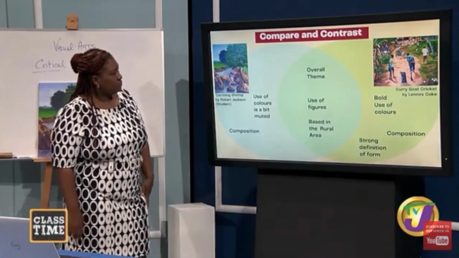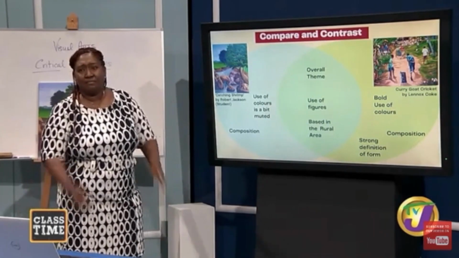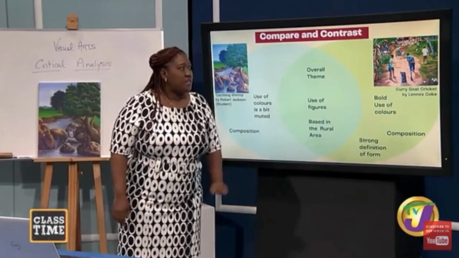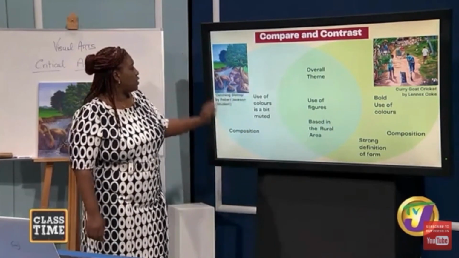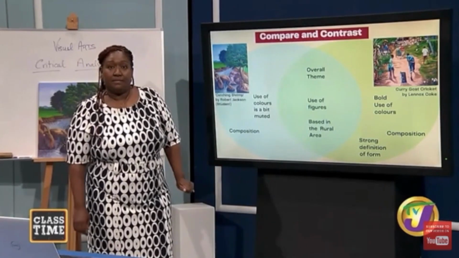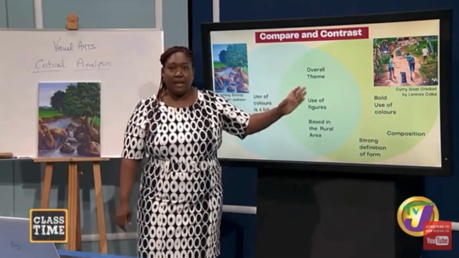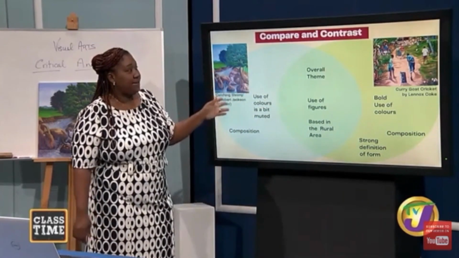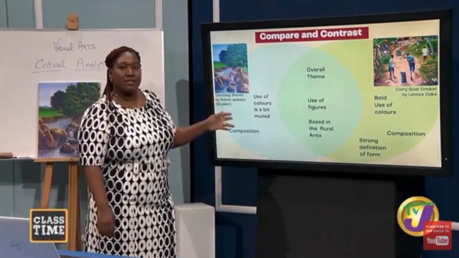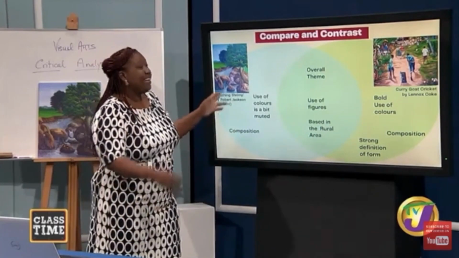So, let us look at what is similar. Overall theme between Lennox Coke's work and Robert Jackson, the student. So one focuses on Jamaican lifestyle and the other one is focusing on cultural identity. Seeing that Robert is also Jamaican, that works.